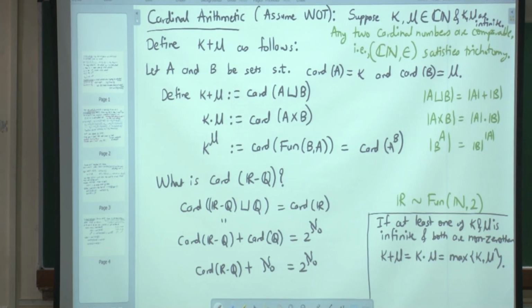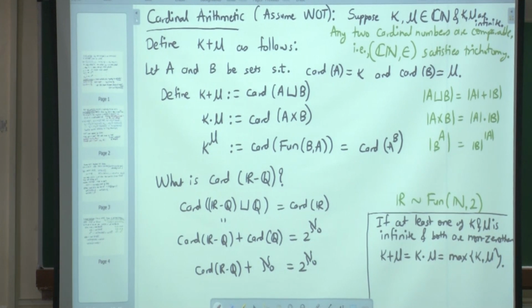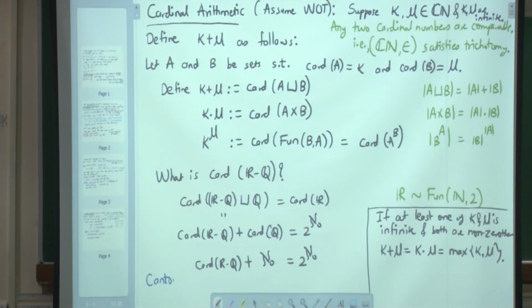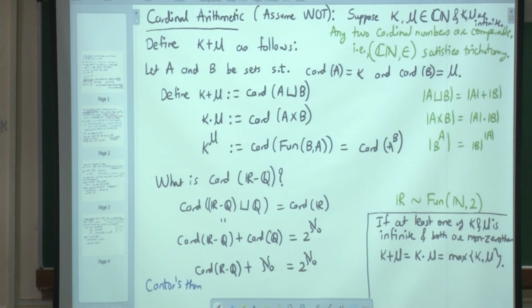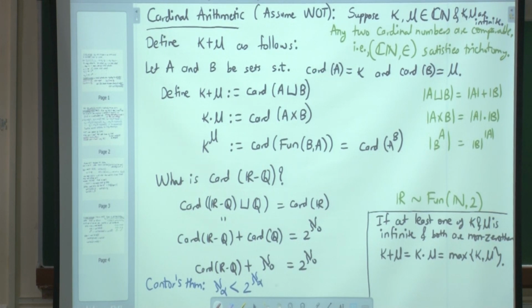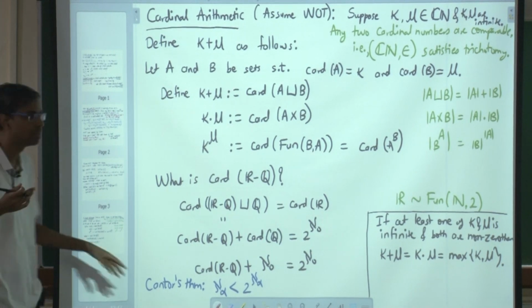Now, what does Cantor's theorem tell us? Cantor's theorem tells us that aleph alpha is less than 2 to the aleph alpha. What was Cantor's theorem?